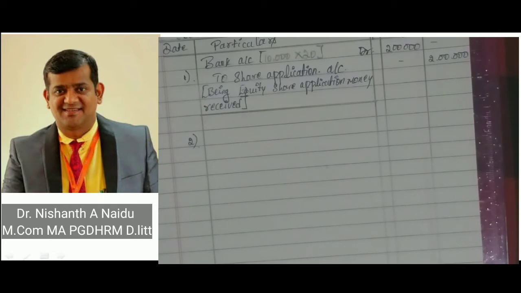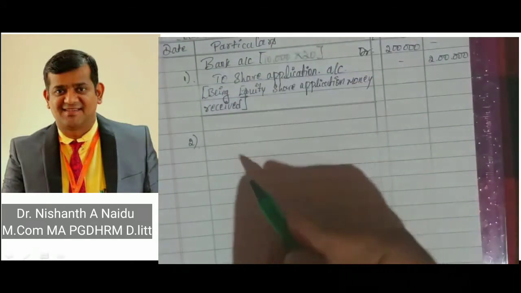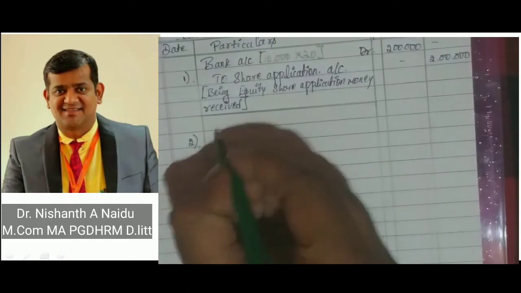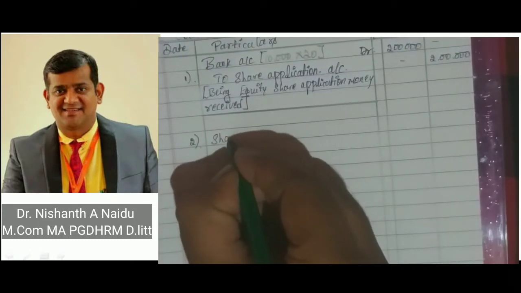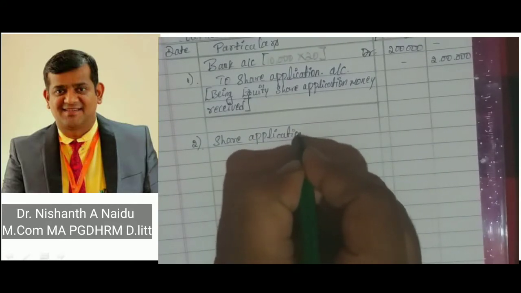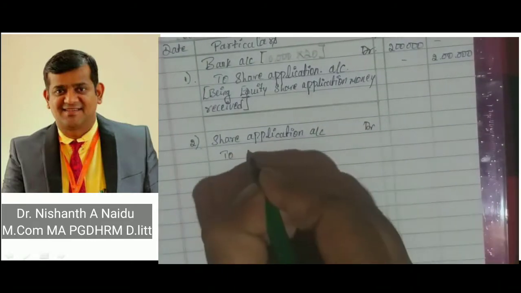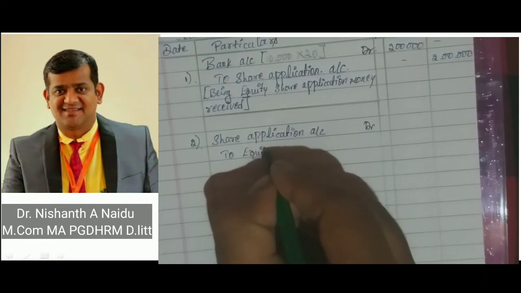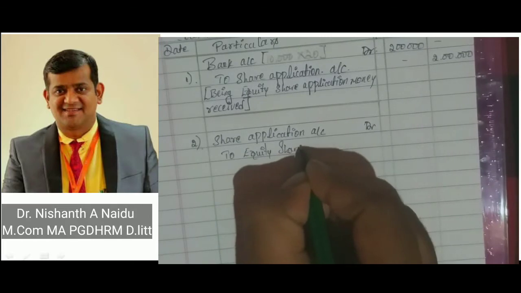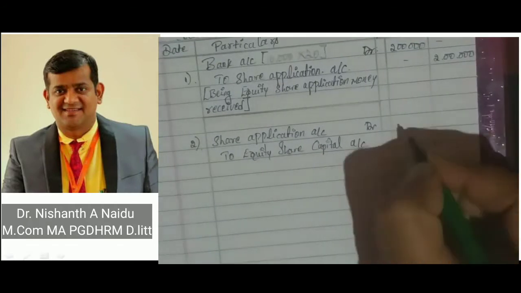The second journal entry, I always said, is a transfer entry. Clear? First I have received, now this received amount has to be transferred. So take down which money I am going to transfer: share application account debtor to equity share capital account, because I am collecting the money for the purpose of capital.